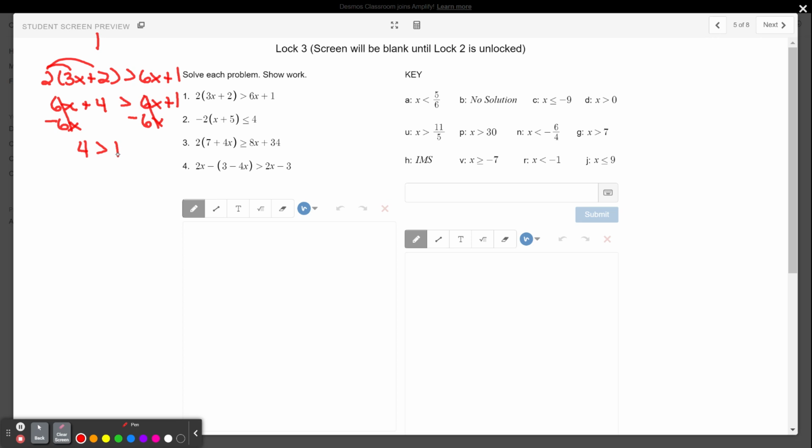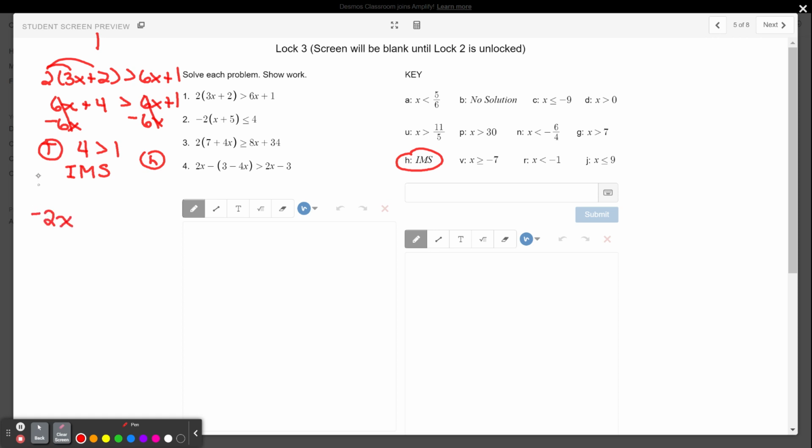And we have to determine if this is a true or a false statement. So read it out loud to yourself or in your mind. This says 4 is greater than 1. 4 is bigger than 1. So this is actually a true statement. And whenever you get a true statement in math, that actually means infinitely many solutions. So H is going to be our letter for that one.